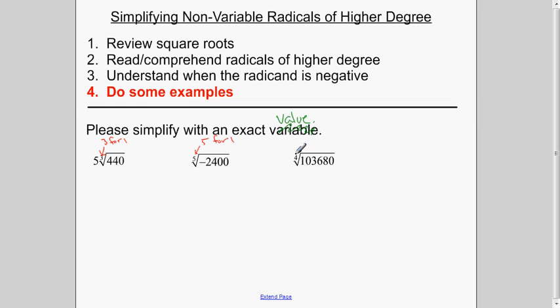And for fourth rooting, we're going to use the 4 for 1 method, which just means we're going to make our factor trees like we always have, but instead of trying to identify pairs, we're going to identify groups that are equivalent to the index number.